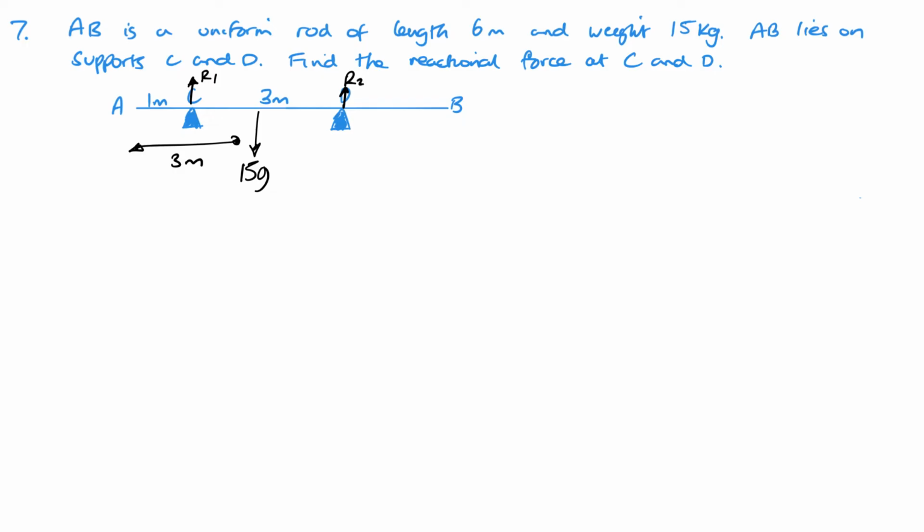Now we can't say that R1 and R2 are the same size, we don't know, so we have to label them separately. So we can say that R1 plus R2 equals 15G, but we can't distinguish between them yet. So I want to take moments about C and moments about D separately, as that will get rid of each of my normal reactions in turn.